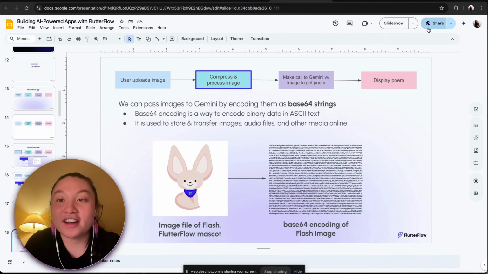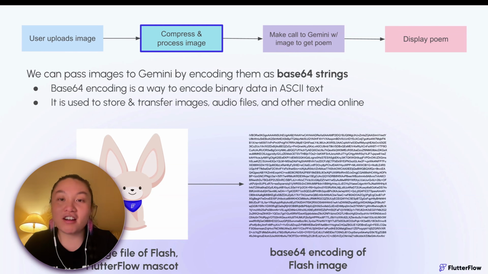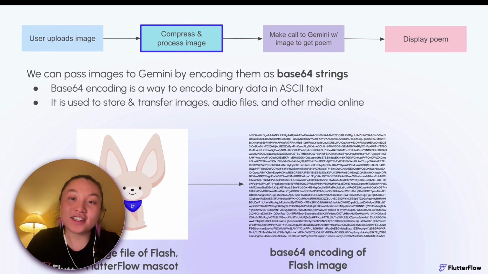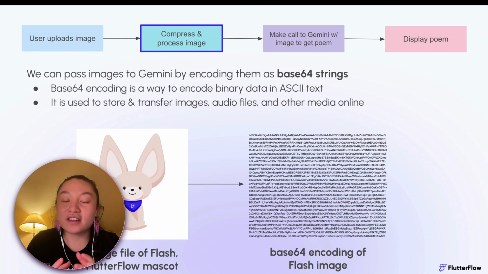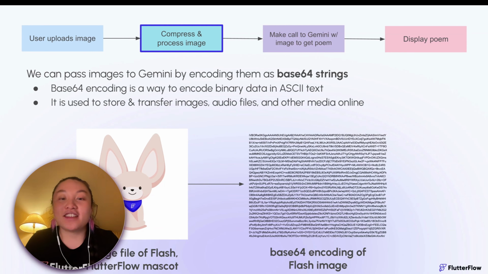Now, this is where we prepare our image so that we can make our call to Gemini. One way to do this is by using something called a base 64 string. A base 64 is a way to encode binary data into ASCII text, so basically a really long string that represents the image. So instead of passing in a whole image, we can just pass this really long string that represents the image.